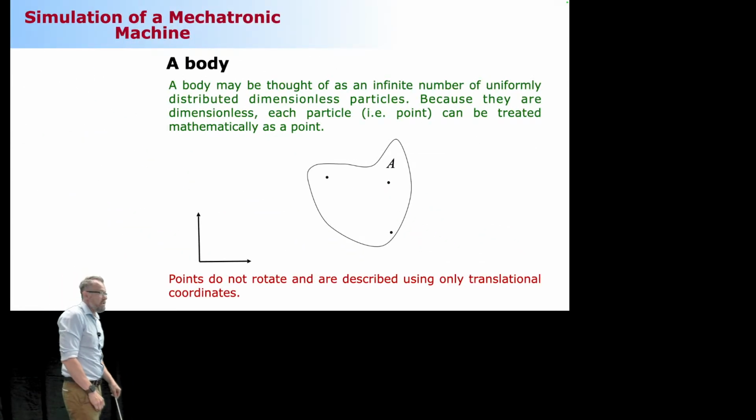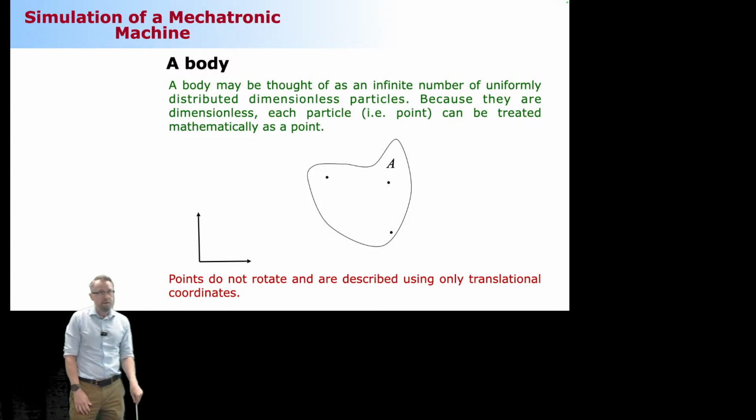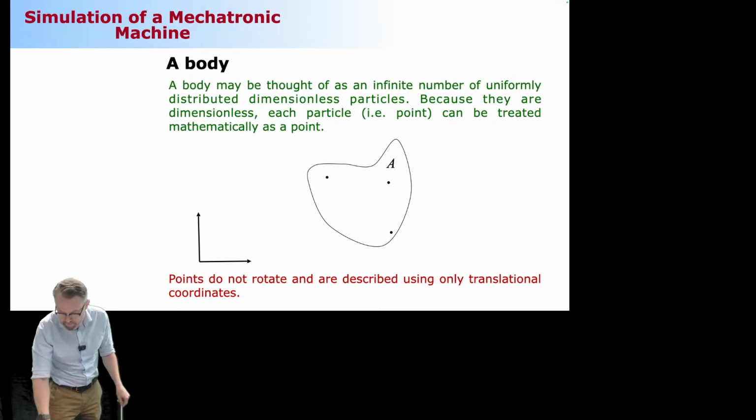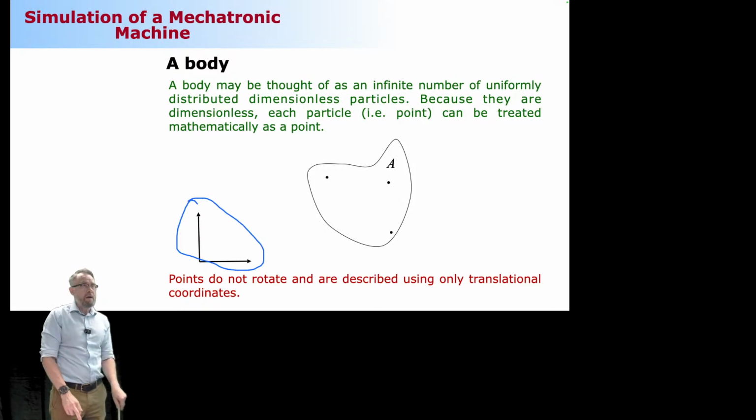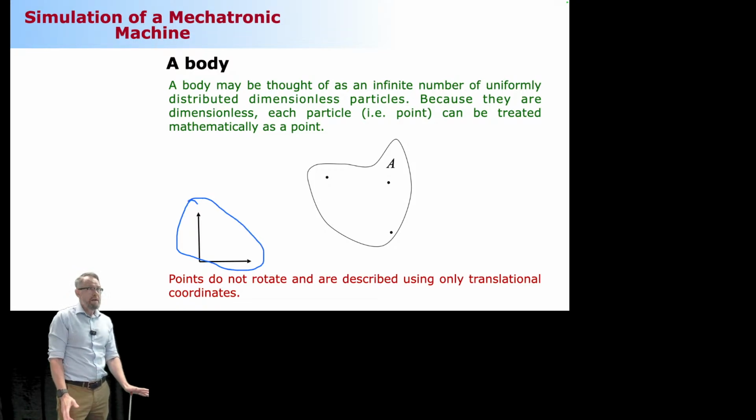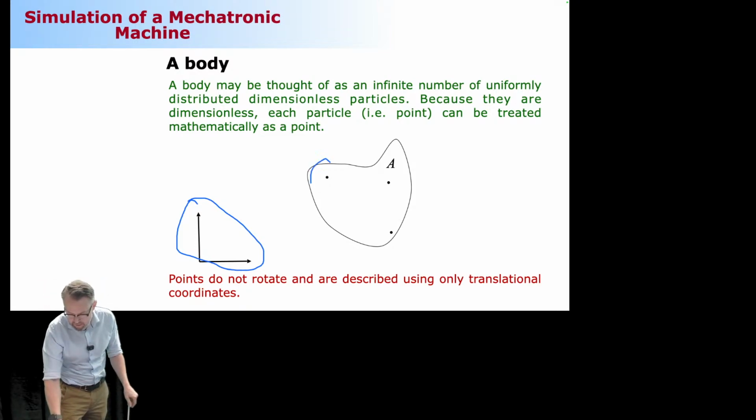Here's our challenge. I have here a reference coordinate system, this guy here, and then I have a body called body A. Body A is potato-shaped, and then I have just 3 particles as an example, this one, this one, and this one.